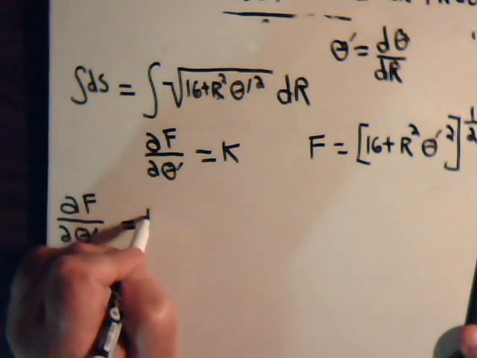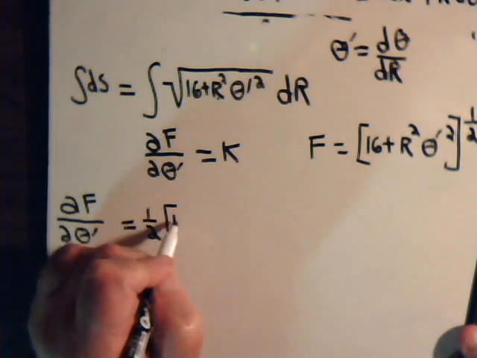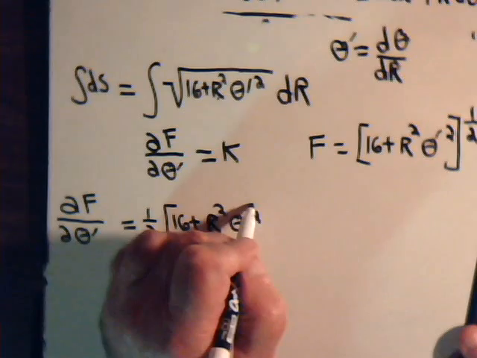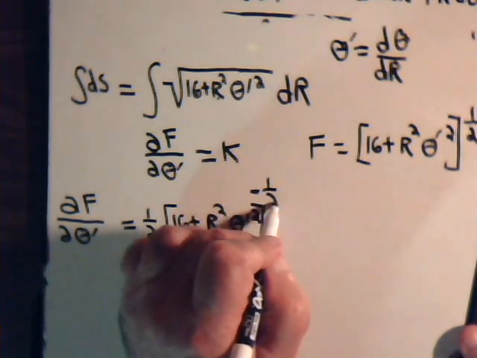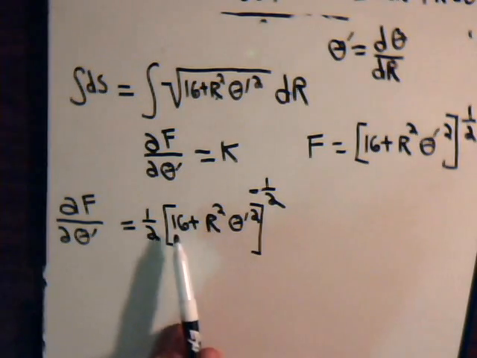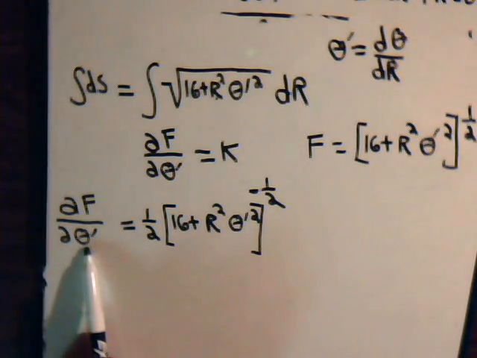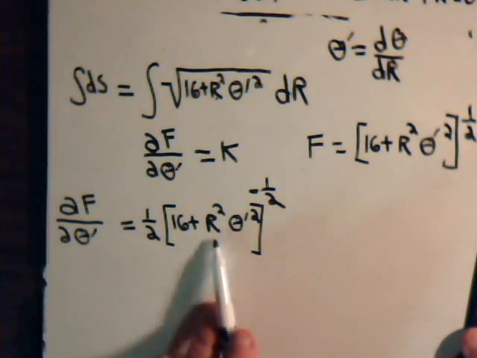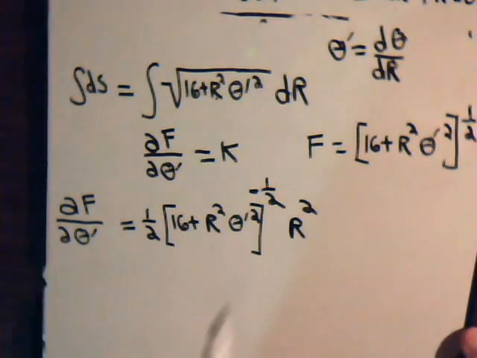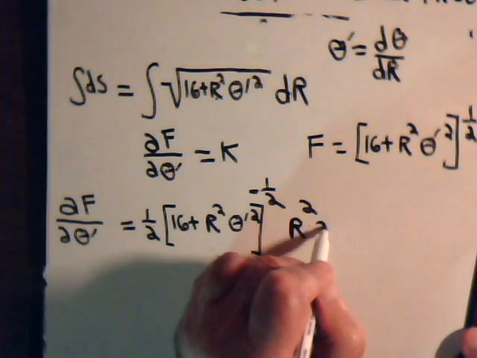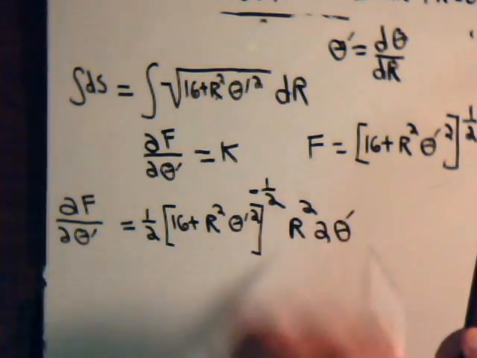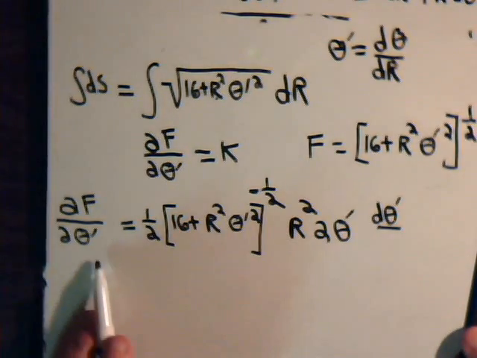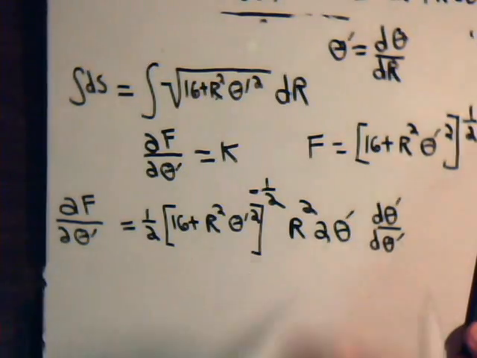So the 1/2 comes down: 1/2 times 16 plus r squared theta prime squared, to the minus 1/2, times the derivative of what's inside of this expression with respect to theta prime. That's going to be 0 from the 16, and from this term we will have r squared, and here we have theta prime, so the 2 comes down, and it's 2 times theta prime. Then take the derivative of theta prime with respect to theta prime. That's just 1.